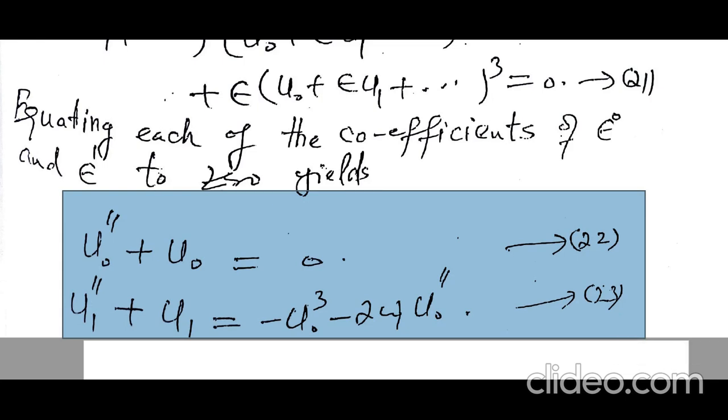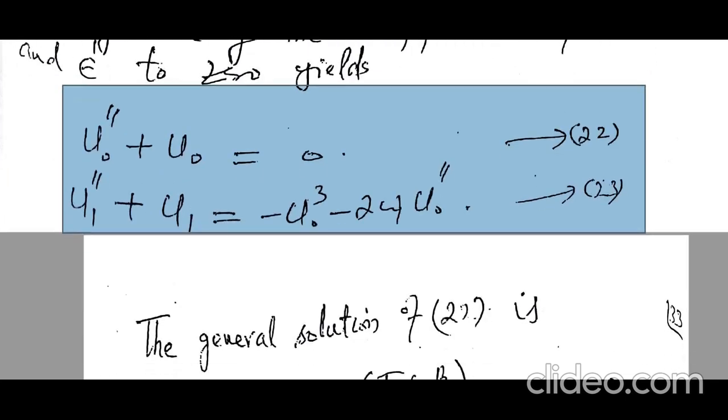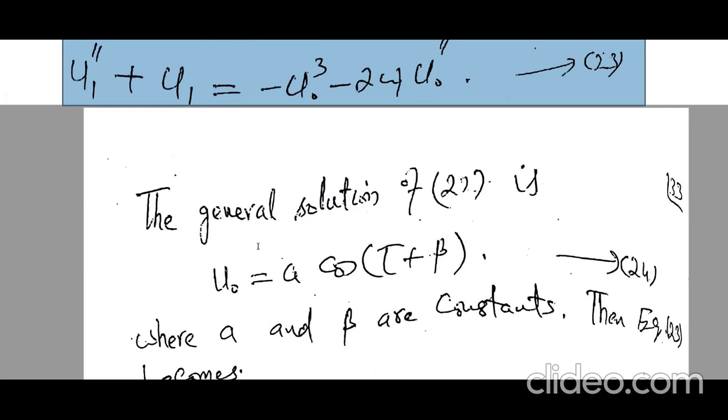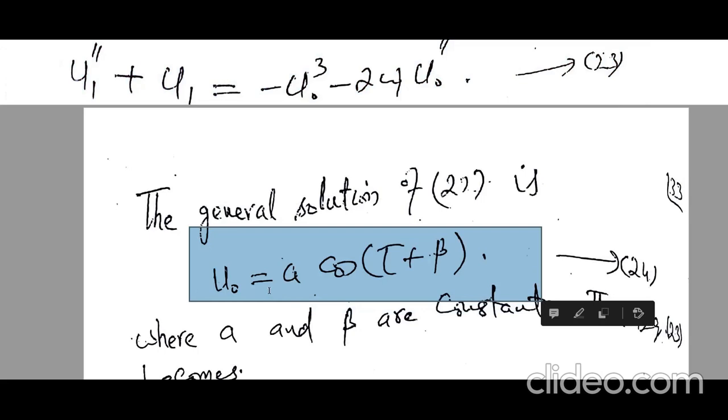First we will solve equation 22 for u0, and you know that its general solution is given by u0 is equal to a cos of tau plus beta, where a and beta are constants.